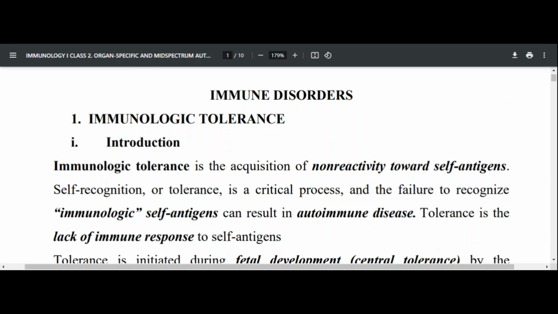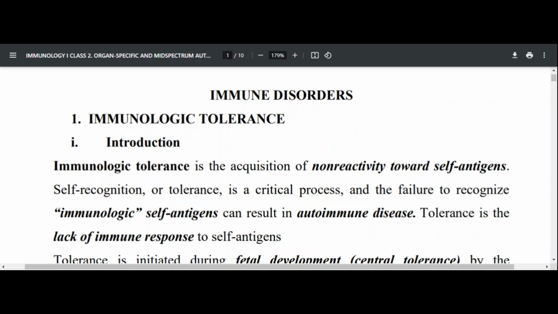Immune tolerance is the acquisition of a capability of non-reactivity toward self-antigens. That's what you call immunological tolerance of our immune system.